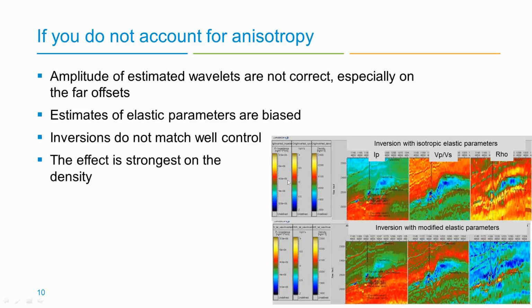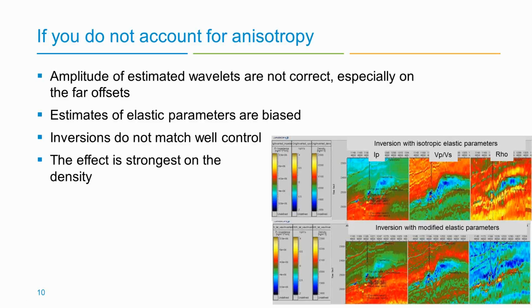And what you see here are two sets of results, just a section through your data where you see the P impedance, Vp, Vs, and density. And the top row is where we've used isotropic modeling, and the bottom row is where we've used the anisotropic elastic parameters throughout the workflow.